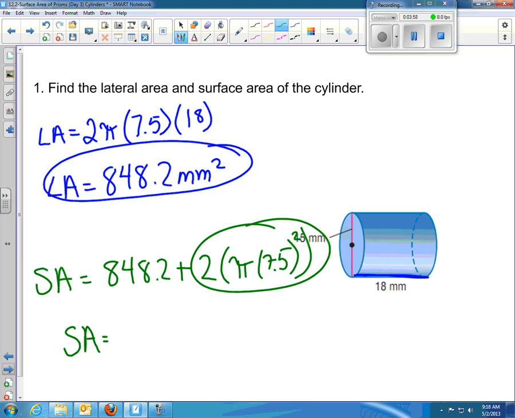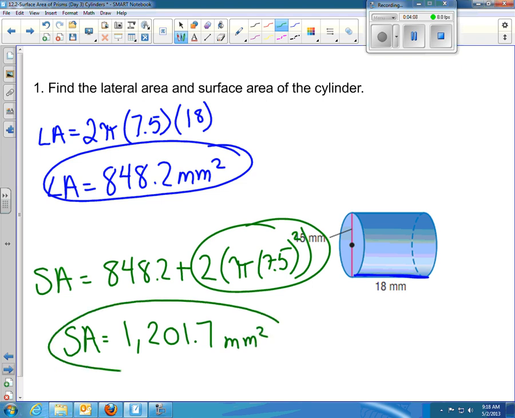Depending on where you round, you might be 1 off of where we get for our answer. I have 1,201.7 millimeters squared. So lateral area and surface area, not too much more difficult compared to what we did the last 2 days.